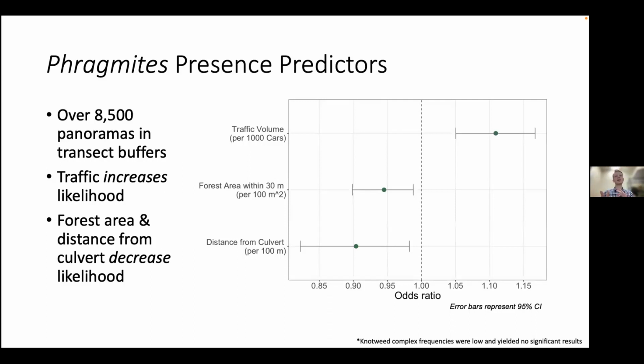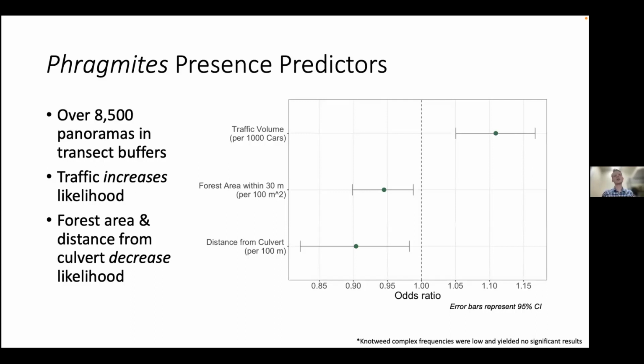For the culvert piece with the transects themselves, we're looking at over 8,500 panoramas in those different buffers. And we found that traffic volume is increasing the likelihood that you would come across Phragmites, and the mechanism behind that is pretty well established with seed dispersal and how that is impacted by traffic.